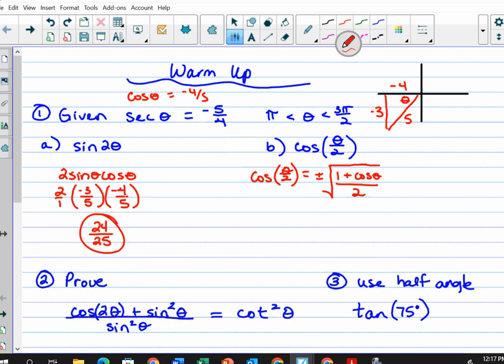So theta is in the 3rd quadrant. I need to know where theta over 2 is. Where is theta over 2? 2nd quadrant. Remember, this is where you can pick an angle in here and then cut it in half. So I can pick like 200 degrees. Half of 200 is 100, which is definitely going to be in the 2nd quadrant. So wait, can you explain that again? Sure.